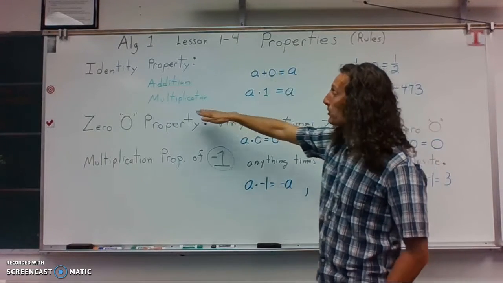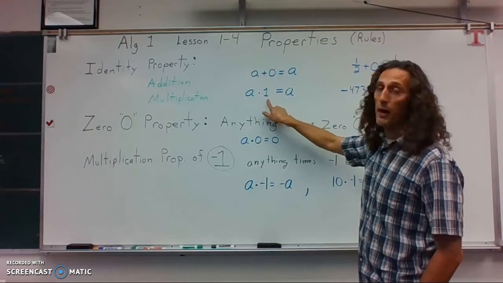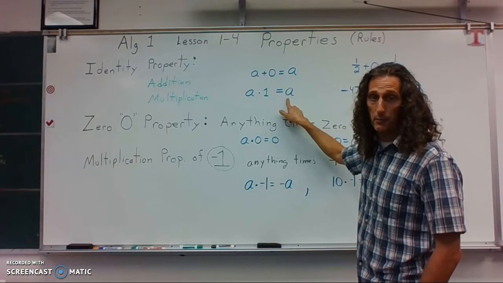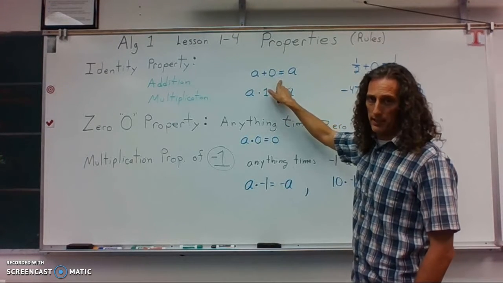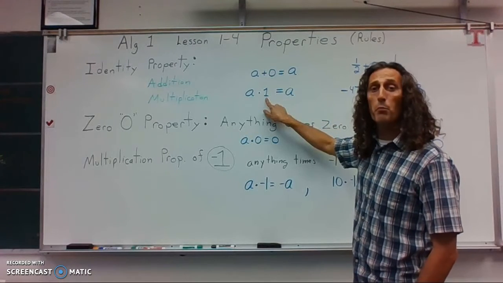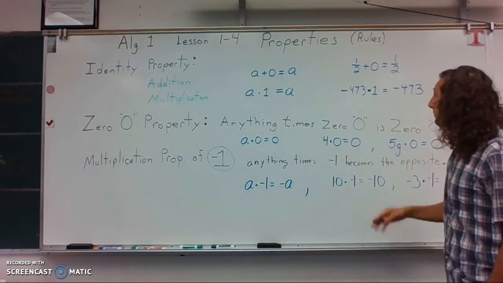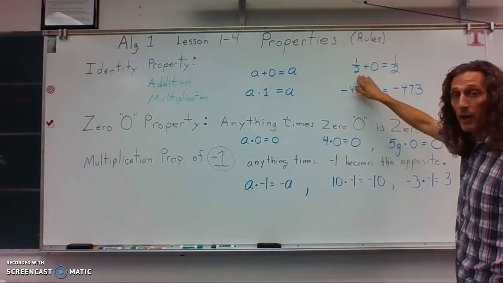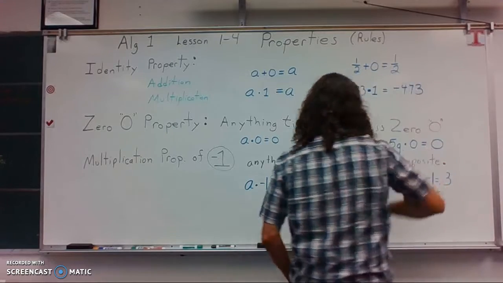All right. Now under multiplication, though, you got to take your number and you got to multiply it by 1. And it stays exactly the same. So under addition, it's adding 0, doesn't change anything. Under multiplication, if you multiply by 1, it doesn't change anything. So a couple examples would be, even if you have something like a fraction, a half. You go 1/2 plus 0, you're still going to get 1/2.